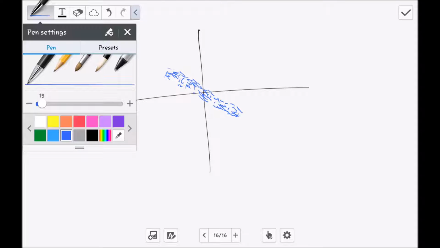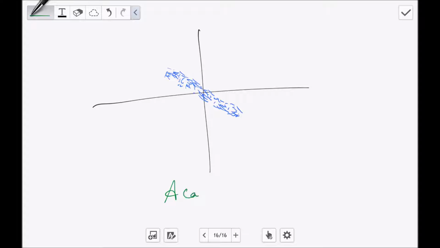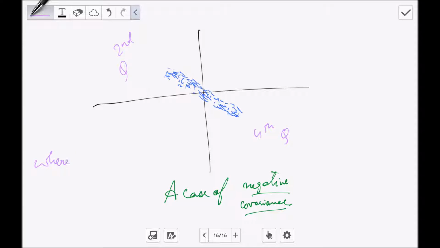So this will be a case of negative covariance, because in the second and fourth quadrants the product of coordinates is negative.